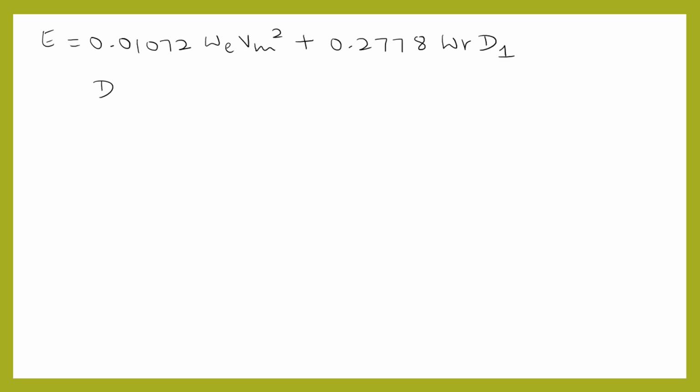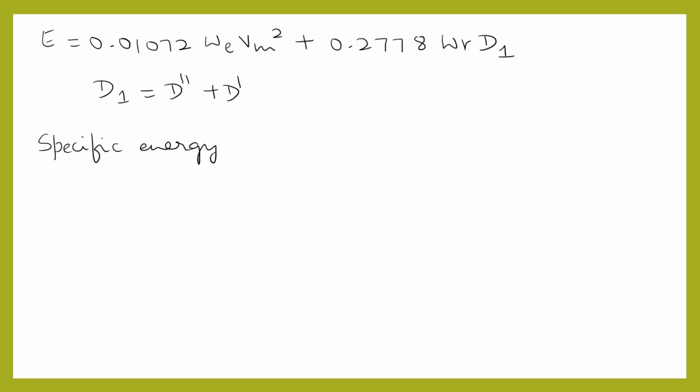So therefore, E is equal to 0.01072 We Vm square plus 0.2778 Wr D1, where D1 is equal to D double dash plus D dash, the distance traveled during acceleration and free run period.